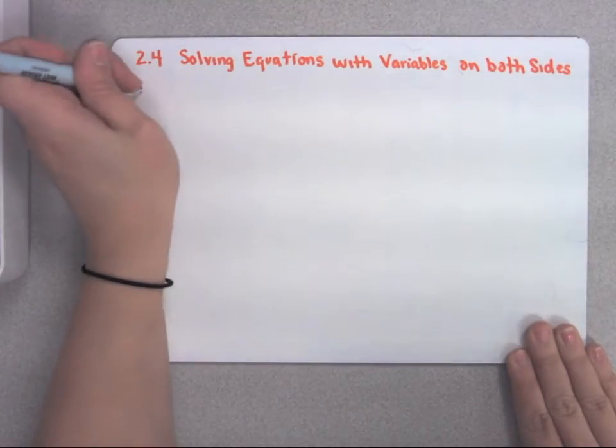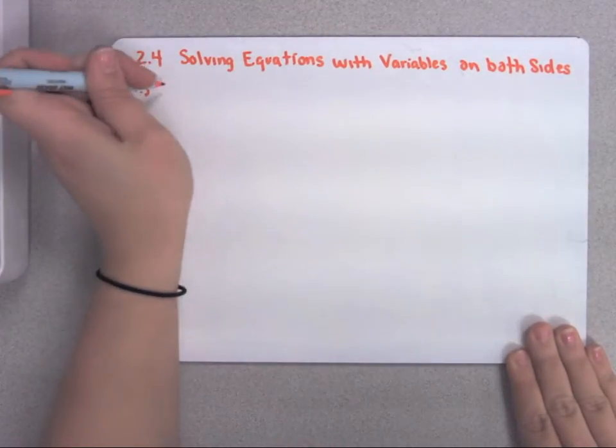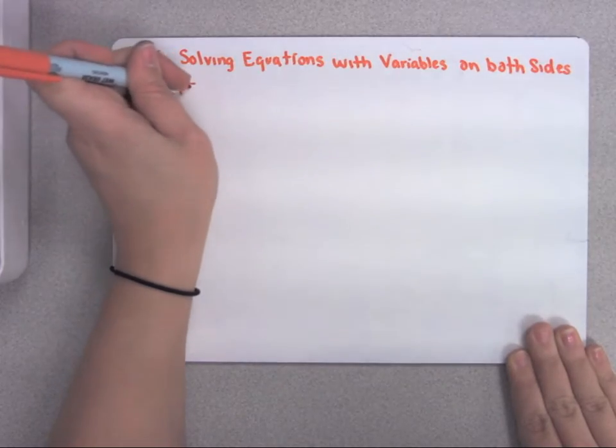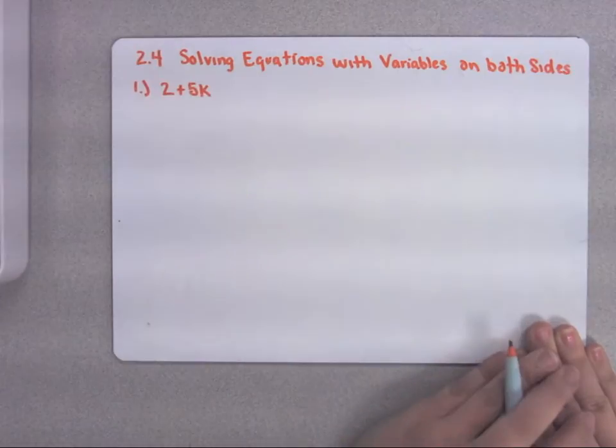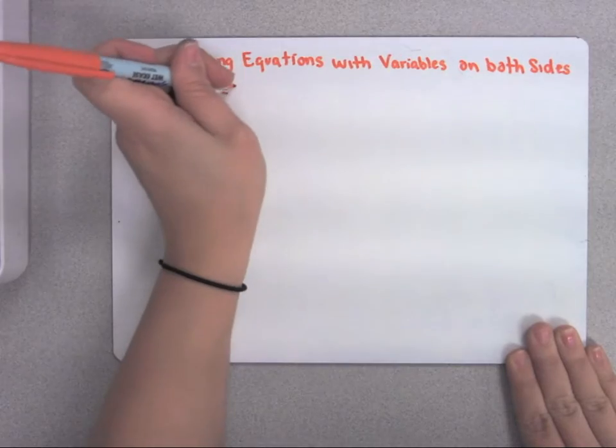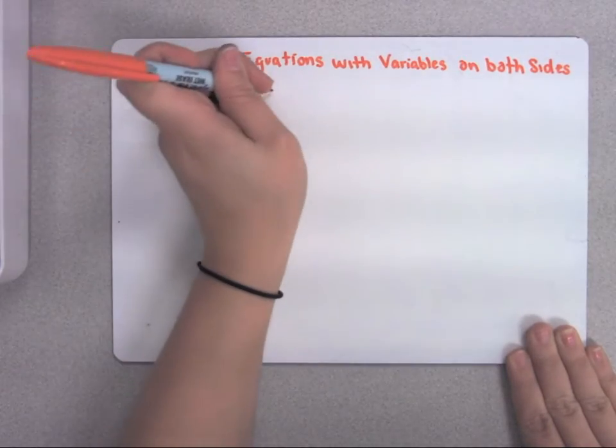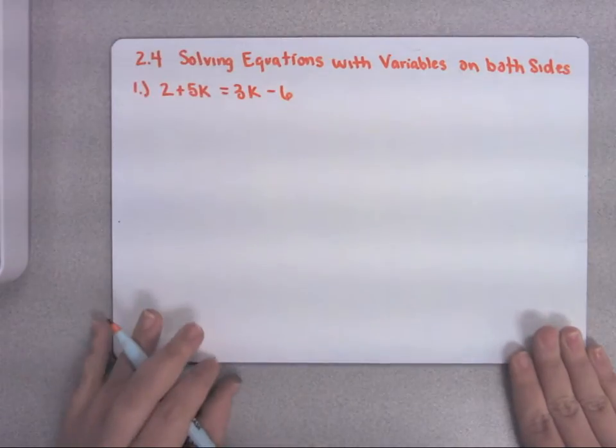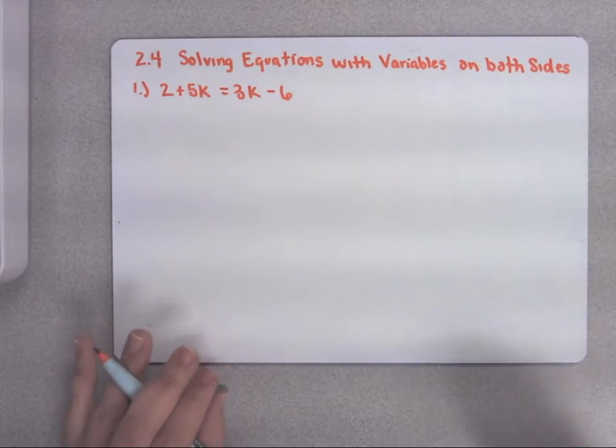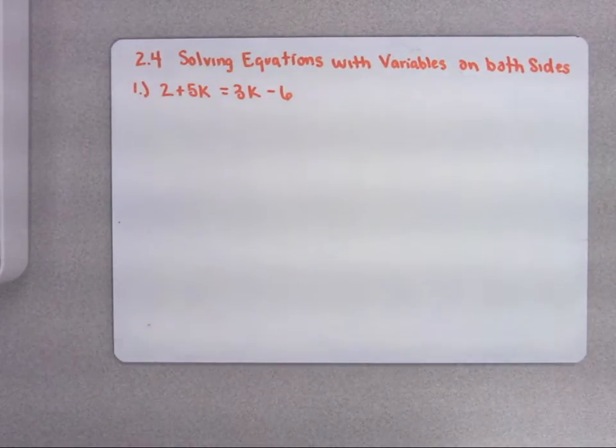Okay. Number 1. 2 plus 5k equals 3k minus 6. So when we do these problems, after you write them down, well, there's a 6 and a 5.